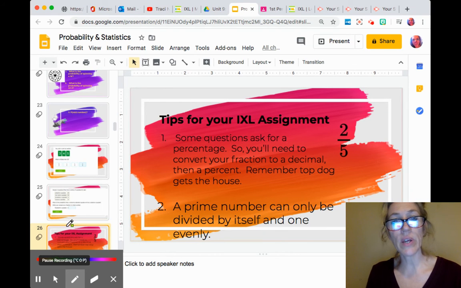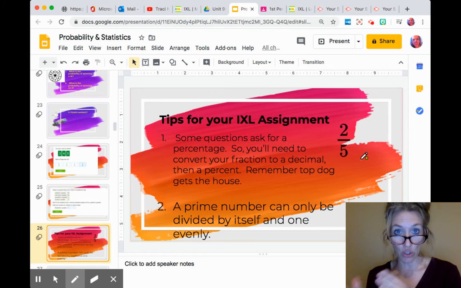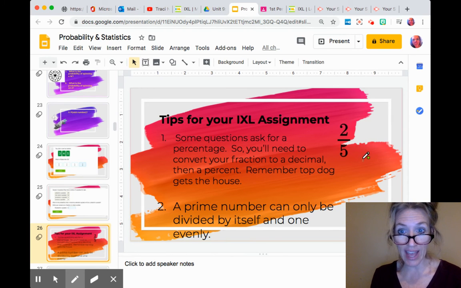Okay, folks, so here I am in the next slide, and I just wanted to give you a couple of tips here. For some of your questions you're going to end up with a fraction, and you've got to convert that to a decimal. So please always remember that top dog gets the house. If you want to convert 2/5 to a decimal, you're going to put that top dog, the 2, underneath the little house there.